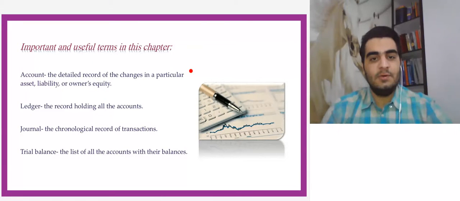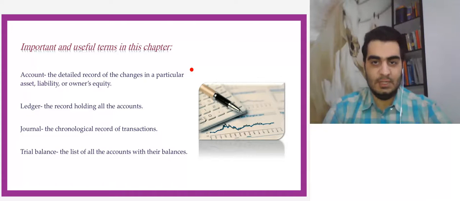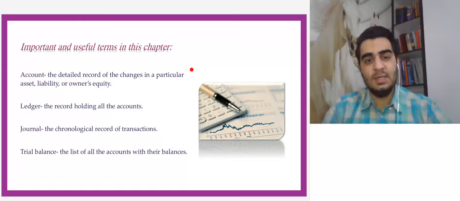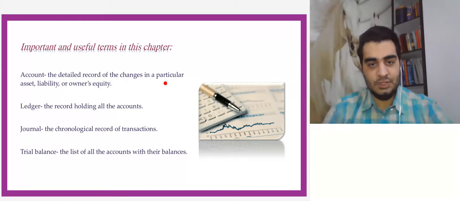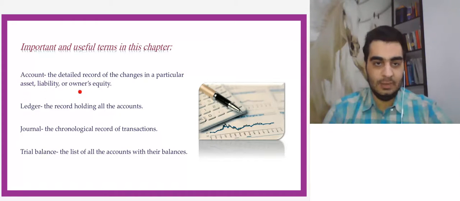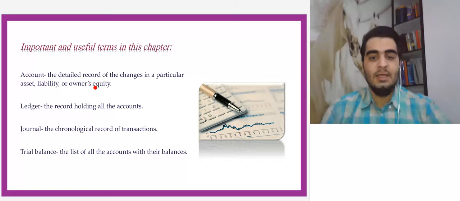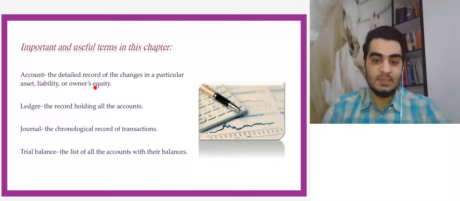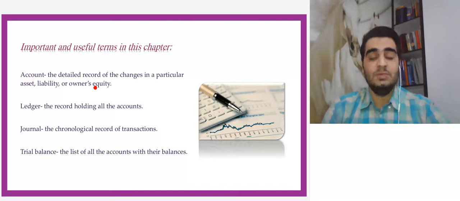But before we go further, I'm going to teach you some important and useful terms that you need. The first one is account. It says that it's a detailed record of the changes in a particular asset, liability, or owner's equity. And you can see that it's the basic summary device of accounting. We use this term a lot in our lives.